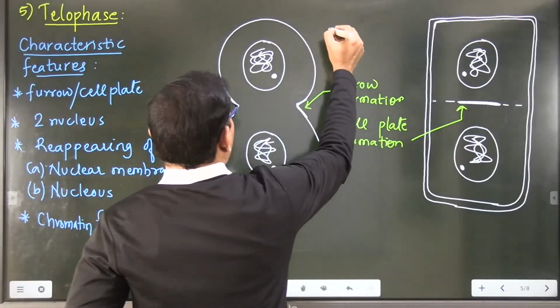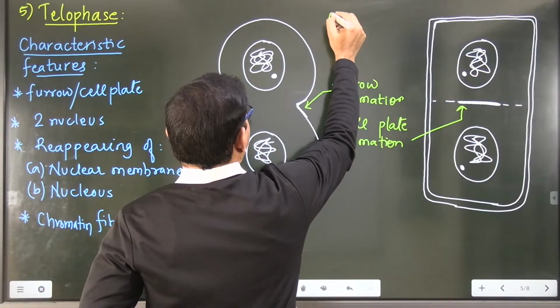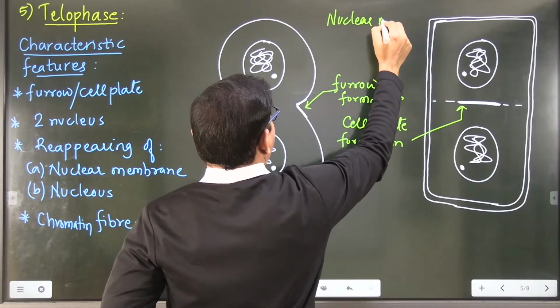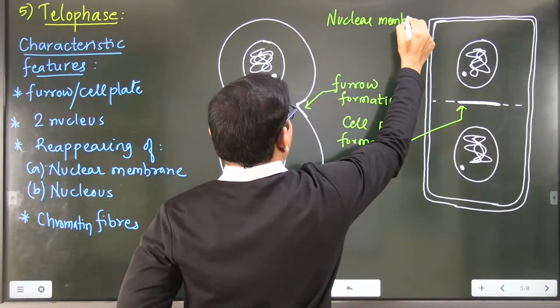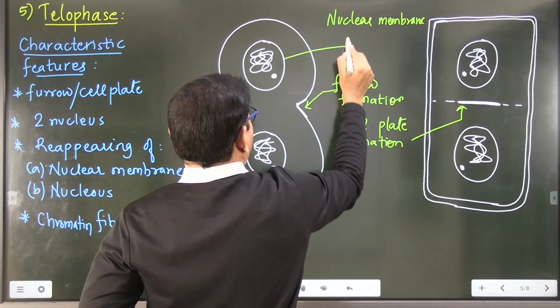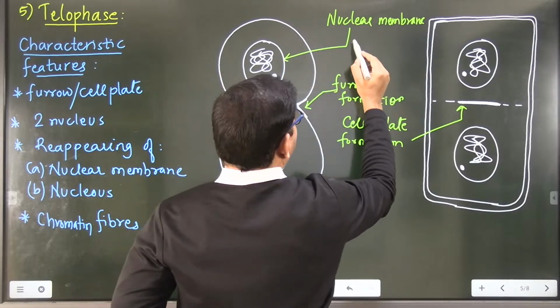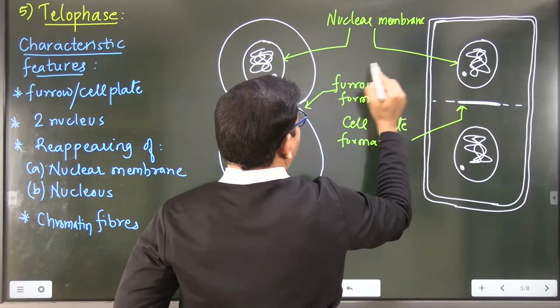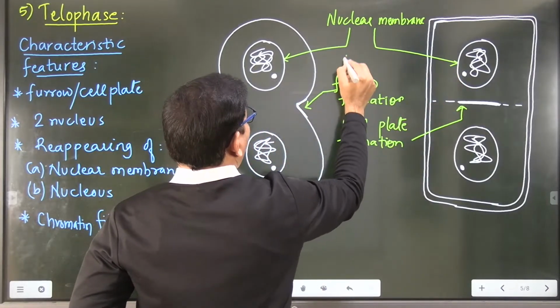Now common to both is nuclear membrane. Arrow towards the part. Nucleolus.